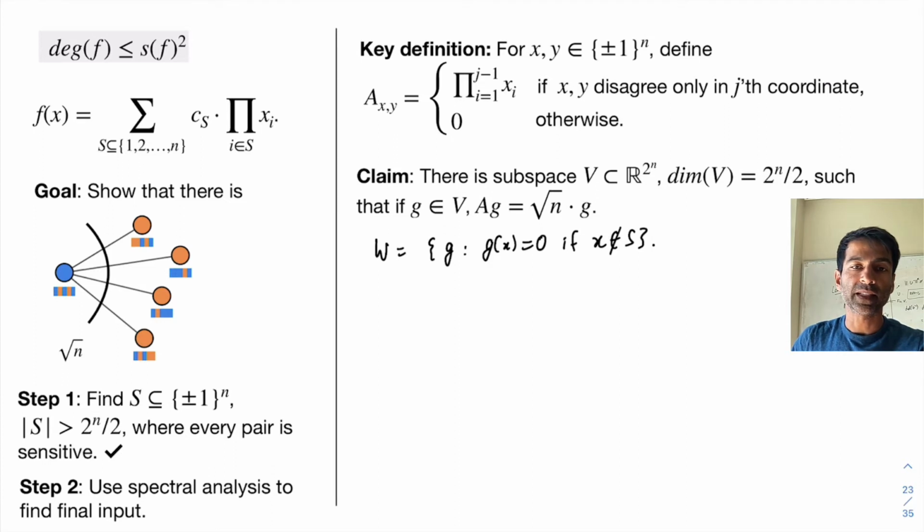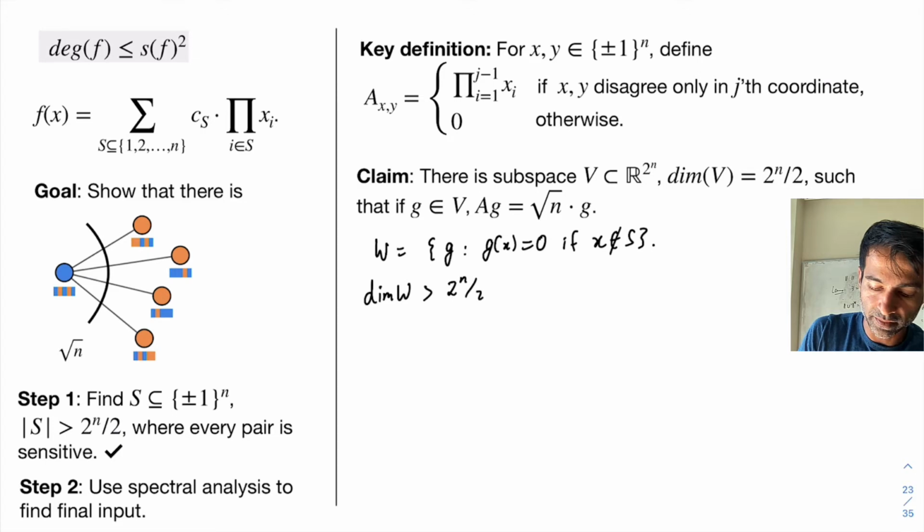So this is a subspace, and because S is larger than 2^n over 2, the dimension of W is also very large. It's larger than 2^n over 2.